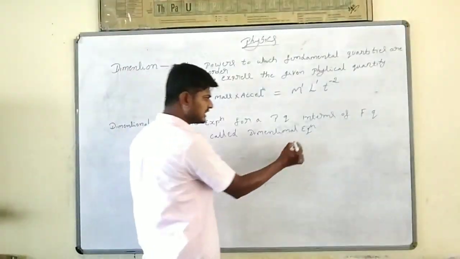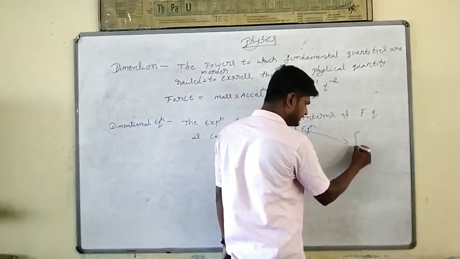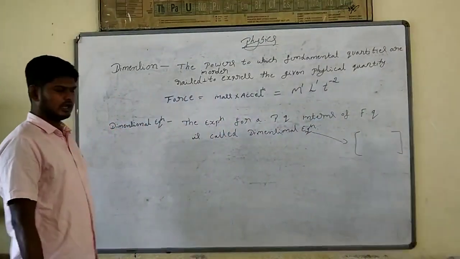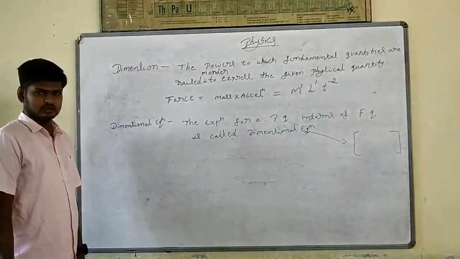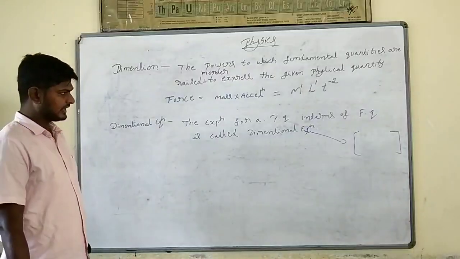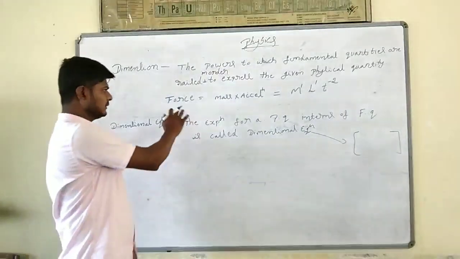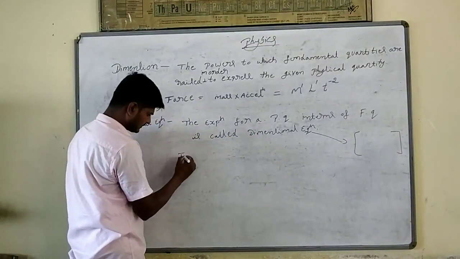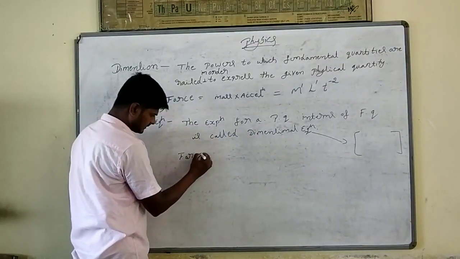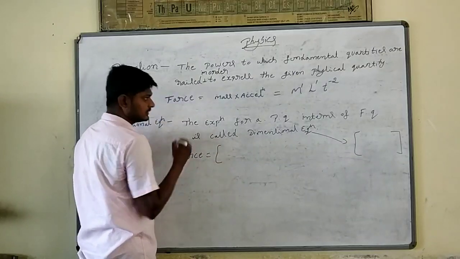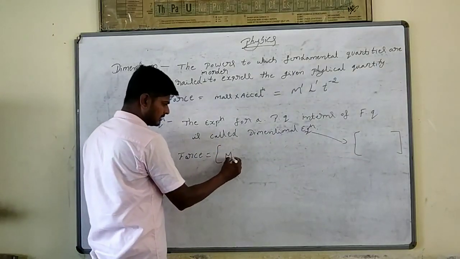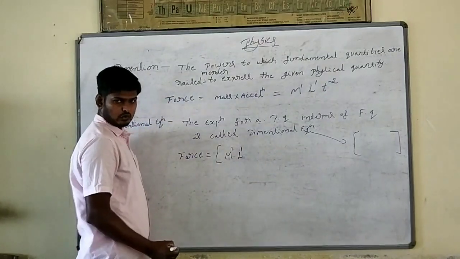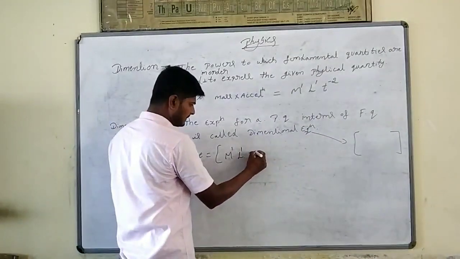This dimensional equation we always write inside square brackets. For example, see here, we have written for force. Force is, inside the square bracket, M power 1, L power 1 and T power minus 2.